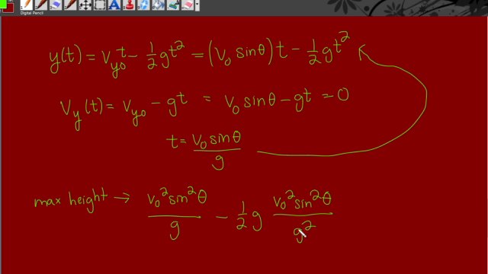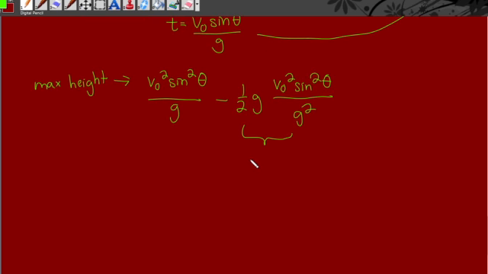This whole thing is equal to v naught squared sine squared theta over 2g, which is half of the first term. So the formula for max height is v naught squared sine squared theta over 2g.